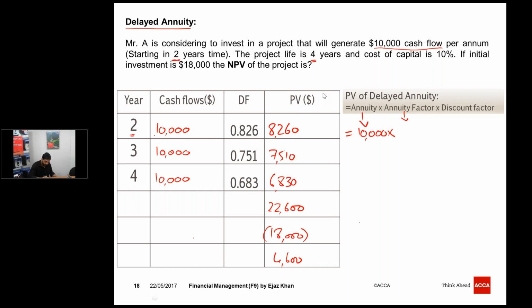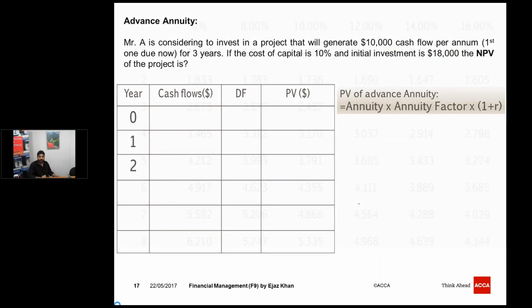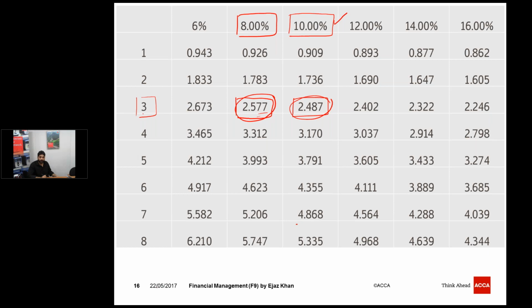Remember this, we need to count the cash flows. So there will be 3 cash inflows in total. So all we have to do is to pick the cost of capital, which is 10%, and we have to pick the annuity factor for 3 years and not 4 years. Remember this, we will not take the annuity factor of the project life. We will count the number of cash flows and we'll pick annuity factor for the number of cash flows and not for the number of years of the project.